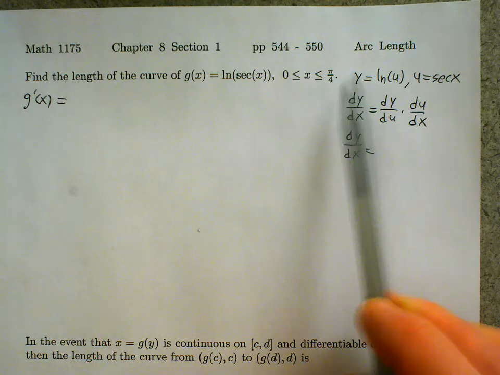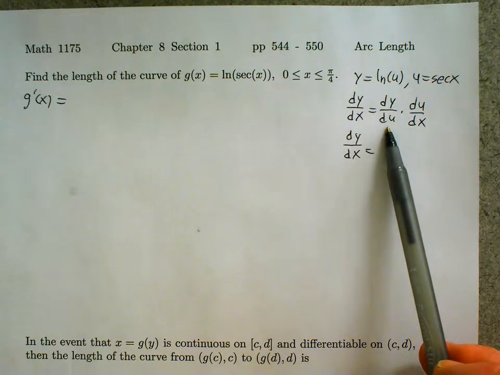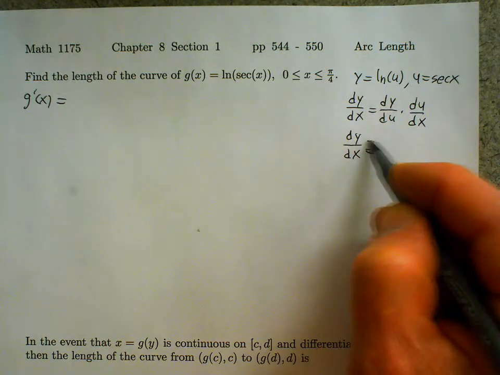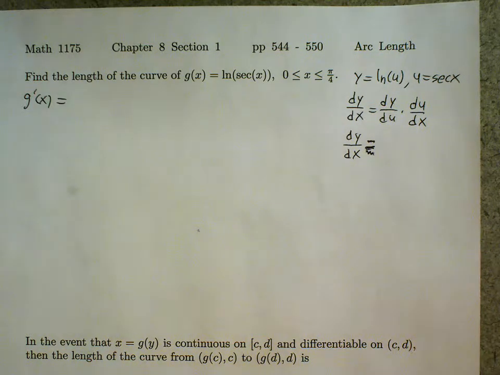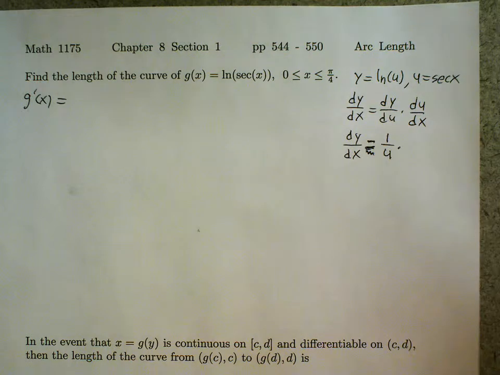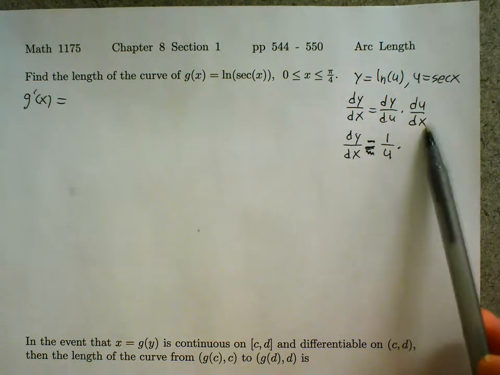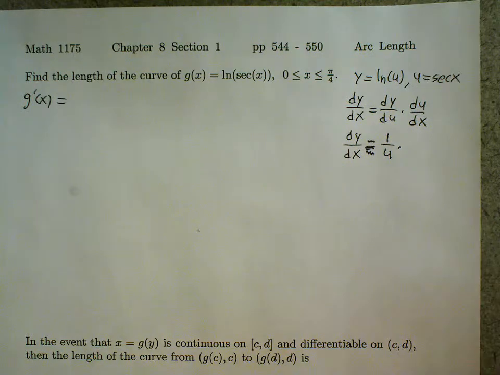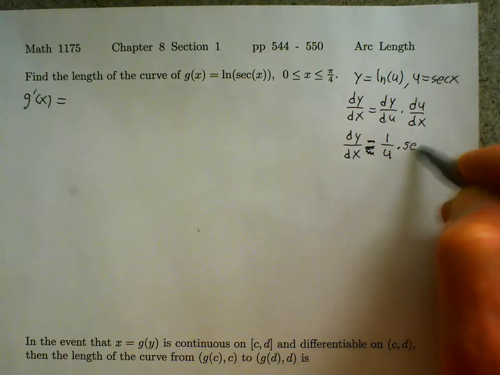Okay, if y equals the natural log of u, what's the derivative of y with respect to u? One over u, right? And if u equals secant of x, the derivative of u with respect to x, so the derivative of secant of x is secant of x times tangent of x.